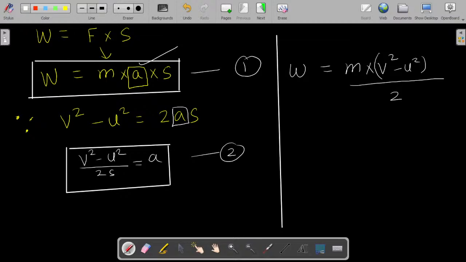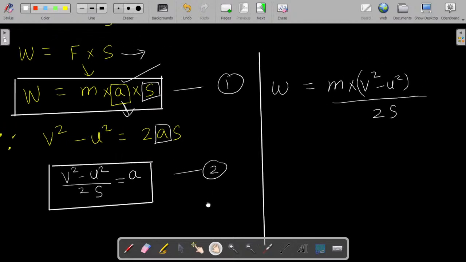Here you have to write s and a, so that it will cancel. So what is the value of a? It is v square minus u square upon 2s. Are you getting or not?